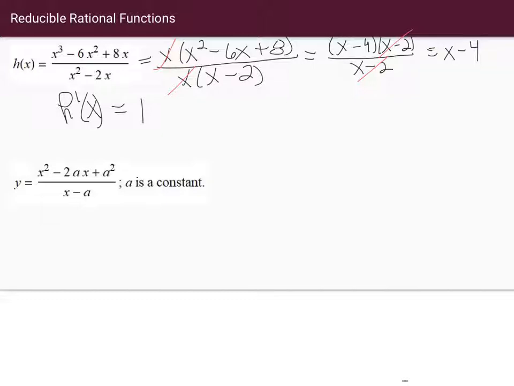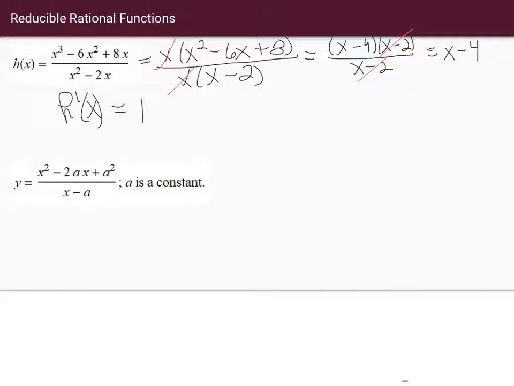So what this tells us is that wherever h of x is defined, its derivative will be equal to 1. So it has a derivative of 1 everywhere except where x equals 0 and x equals 2, where our function isn't defined.